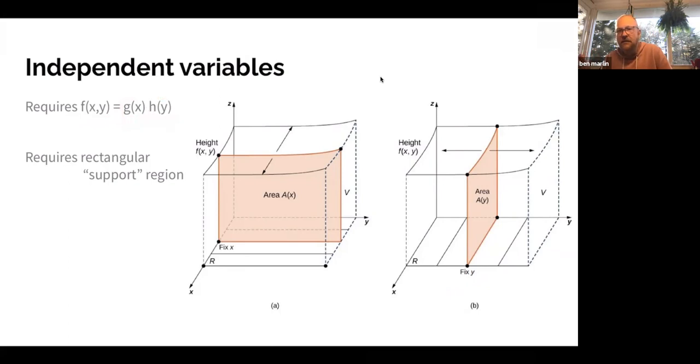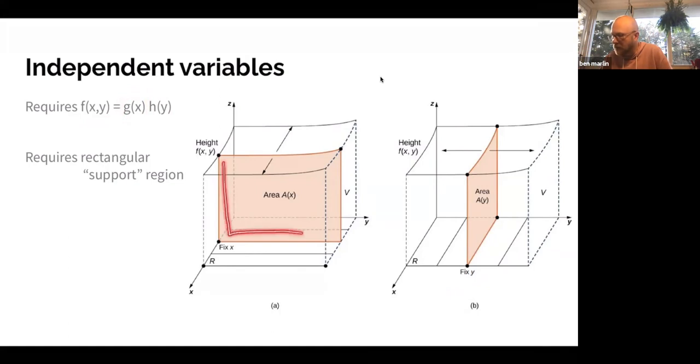And that function, the g of x, needs to not depend on the y's, needs to be the same no matter what it is that we're talking about.